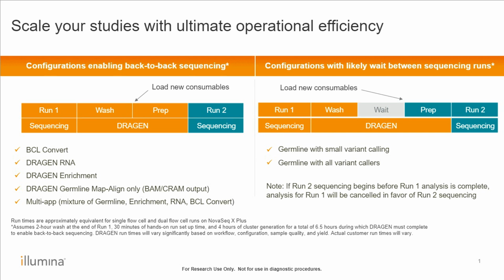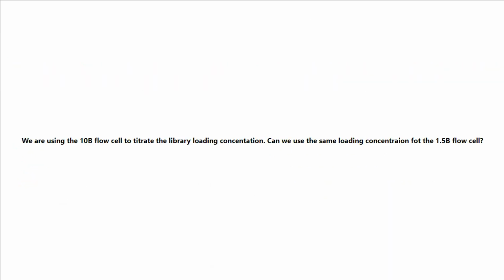Another question is: if we're using the 10B flow cell to titrate the library loading concentration, can we use the same loading concentration for the 1.5B? What I will say is that the library should perform generally similar between the different flow cell types, but because we have individually addressable lanes, there will be some differences.